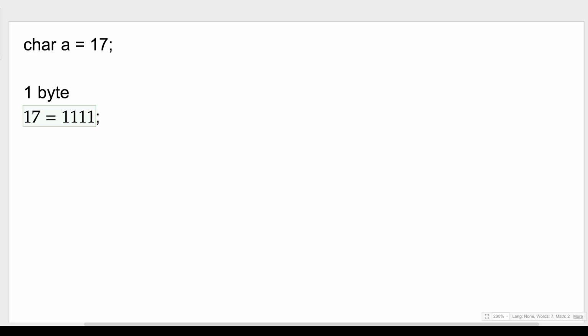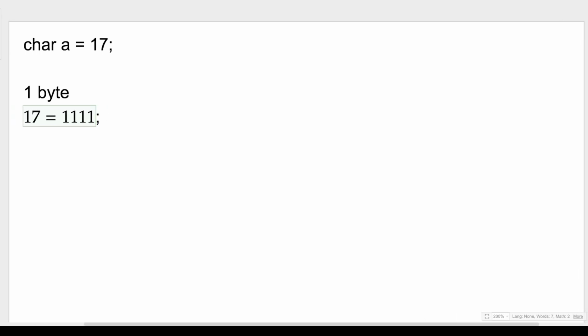So here I'll write the binary of 17: dividing 17 by 2 gives 8, then 4, 2, 1, and the remainders give the bits.